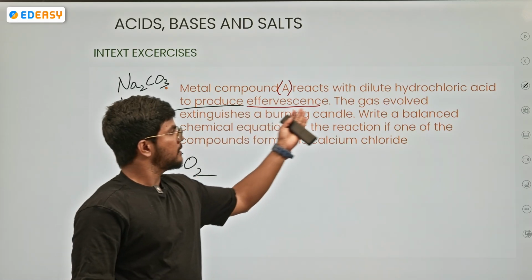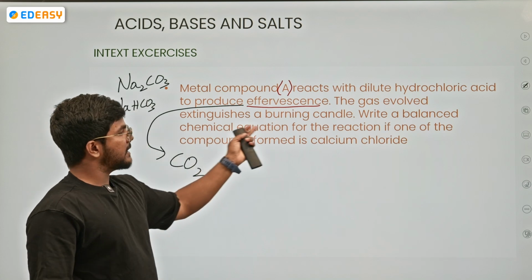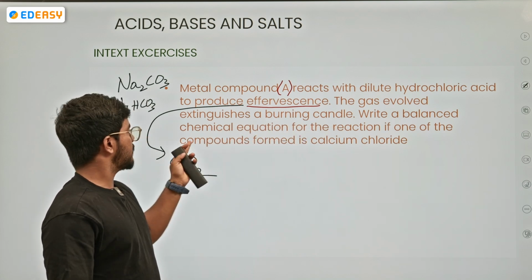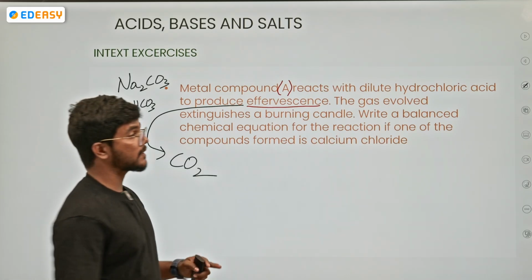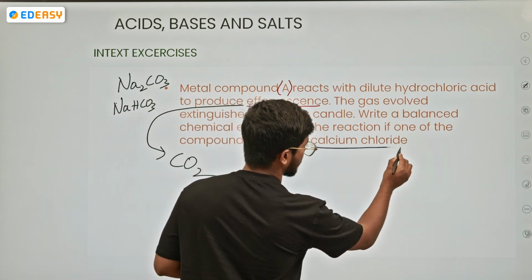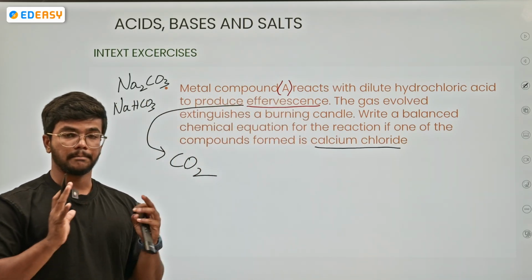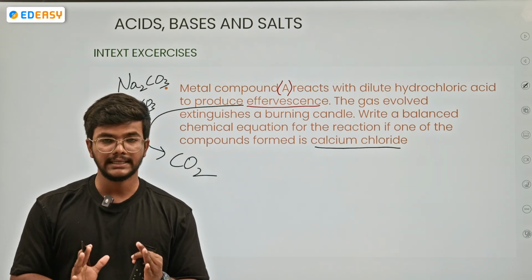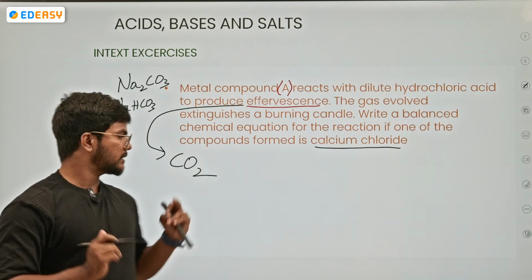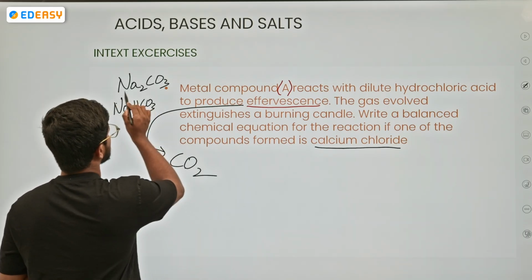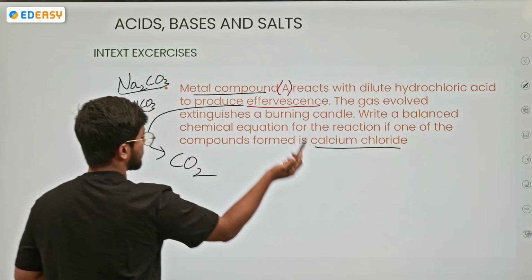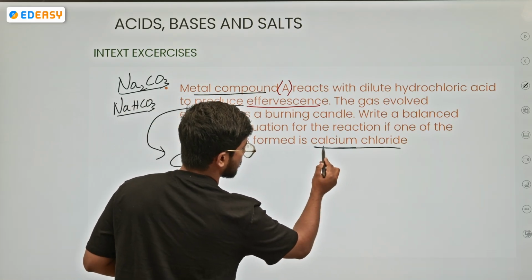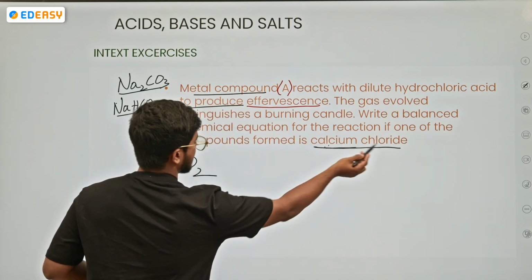Next, write a balanced chemical equation for the reaction if one of the compounds formed is calcium chloride. So one of the compounds is calcium chloride. So that means the metal carbonate should contain the calcium. So this may or may not be the metal compound, but here they have given a hint, metal chloride, that is calcium chloride.